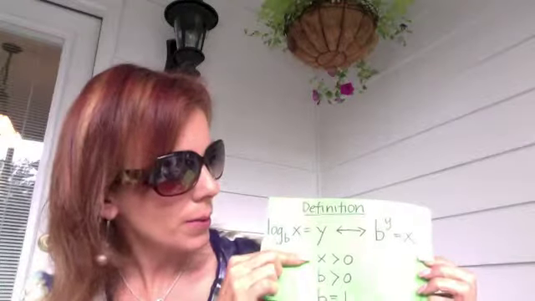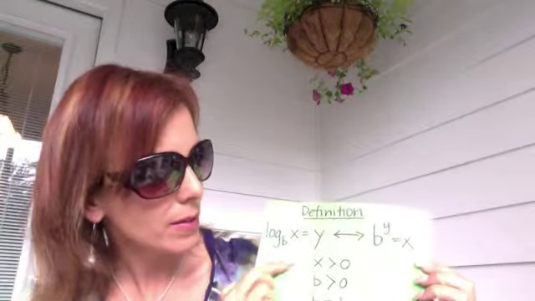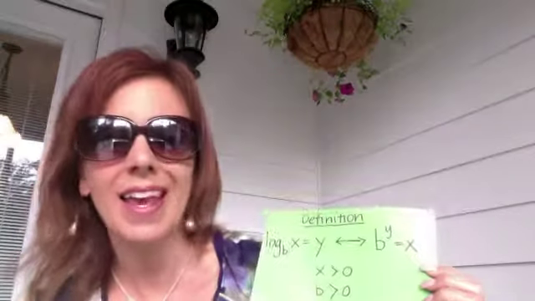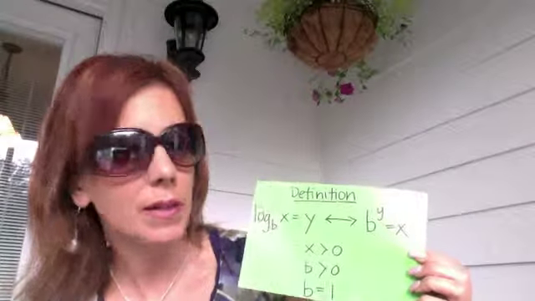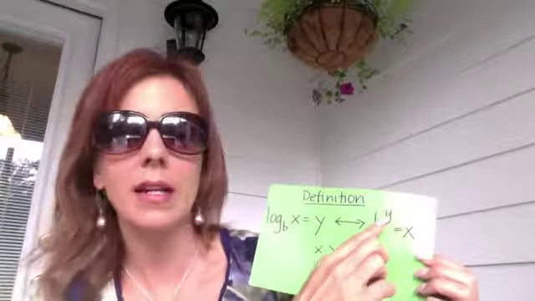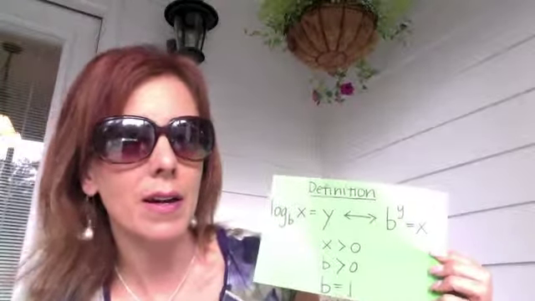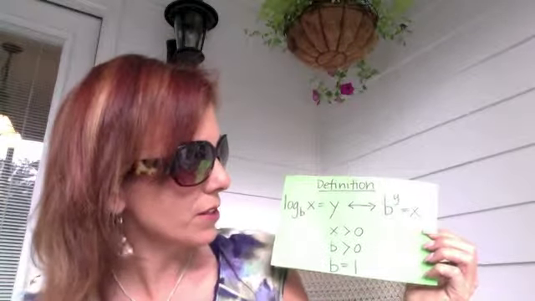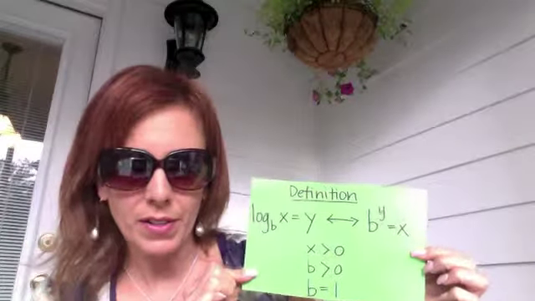So this is really important. Also, keep in mind that our base has got to be positive, and your base cannot be 1. The reason our base can't be 1 is that 1 raised to any power always gives you 1, and that is not an exponential function nor a logarithmic function. So this is your definition.